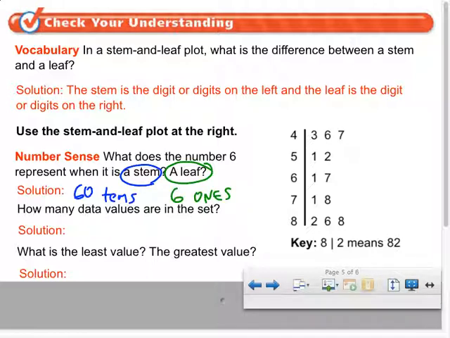Okay, now how many data values are there in the set? How many data values do we have in the set? Karis, how many data values in the set? I see some people pointing like they have it.